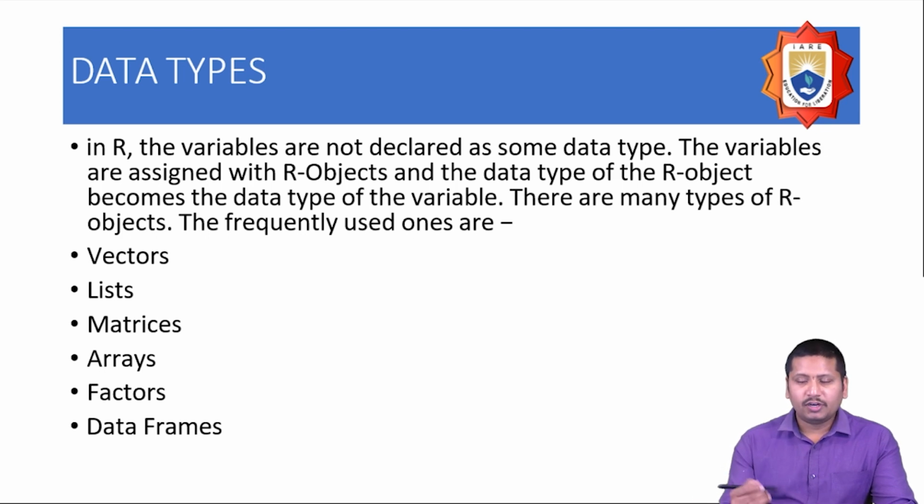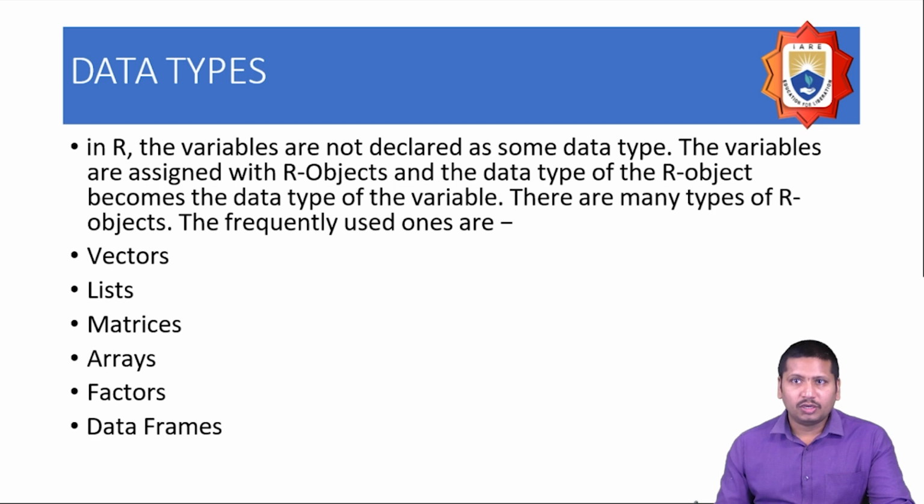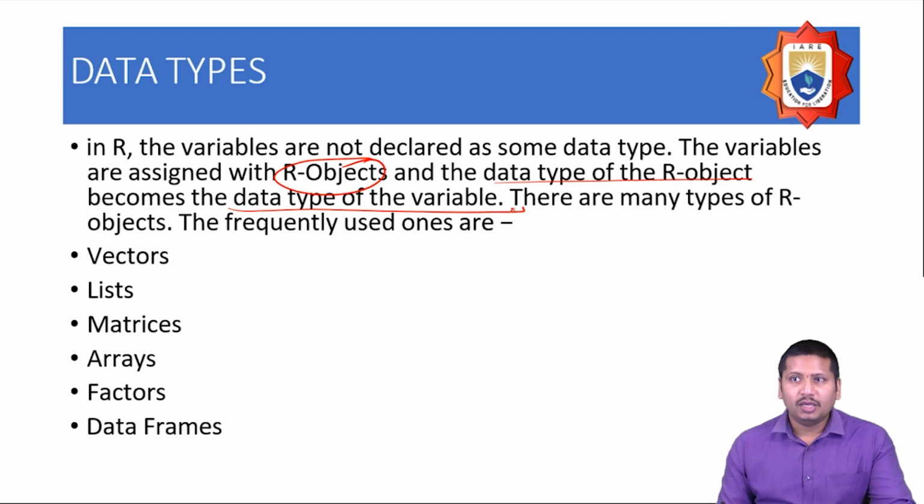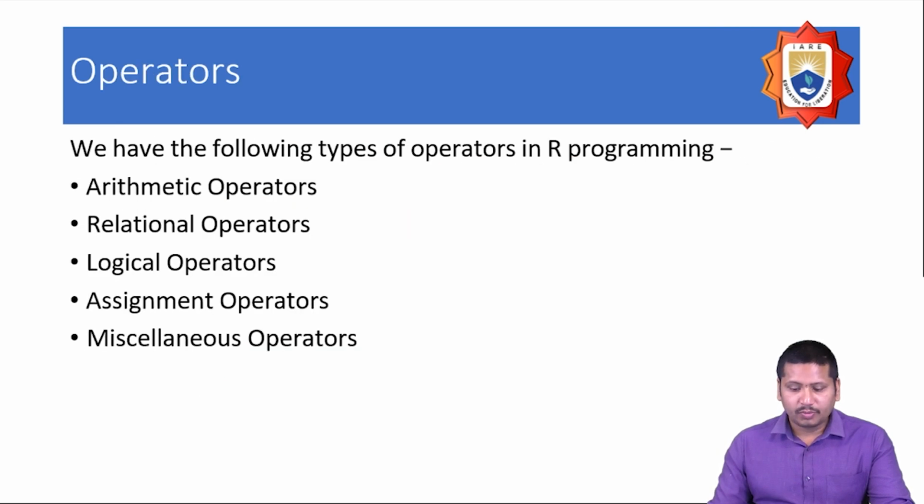So in this programming, the variables are considered as R objects, and the data type of the R object becomes the data type of that variable. Let's see them one by one.